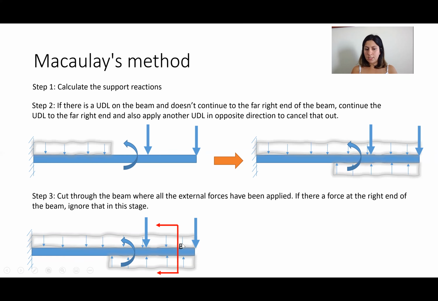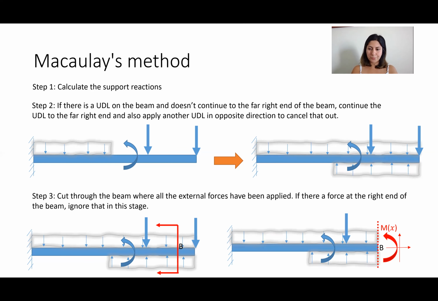After this B, we don't have anything special applying. For example, UDL, we already have UDL before this point, so we will see it in our equation. However, we cannot include the last point force, and we are not worried about that.